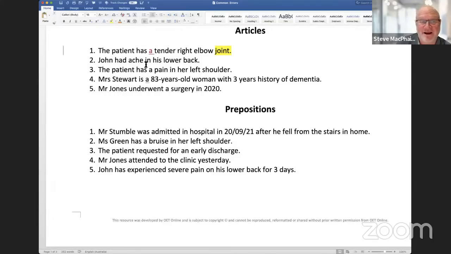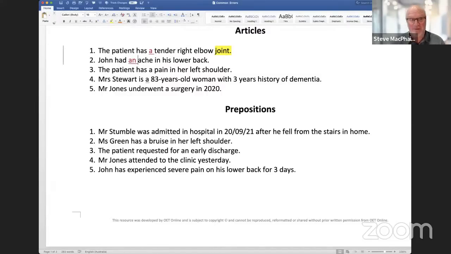Have a look at number two. John had ache in his lower back. Now, ache's an interesting word. The first question we have to ask is, is ache countable or uncountable? And actually, it's a countable noun. We could have multiple aches. So we need to say John had an ache in his lower back.